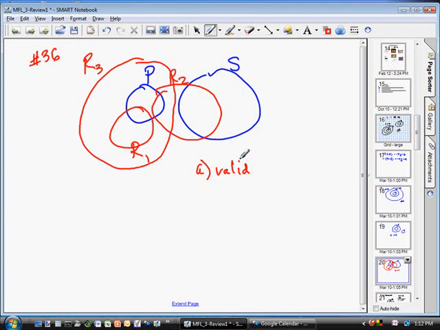Okay, let's just review this and then we'll let you go for a day. How do you go about proving that an argument is valid? We did a few with Euler diagrams. How do you do it with a truth table? If I've got, let's say, two premises and a conclusion, and we want to know if it's a valid argument, how can we do this?